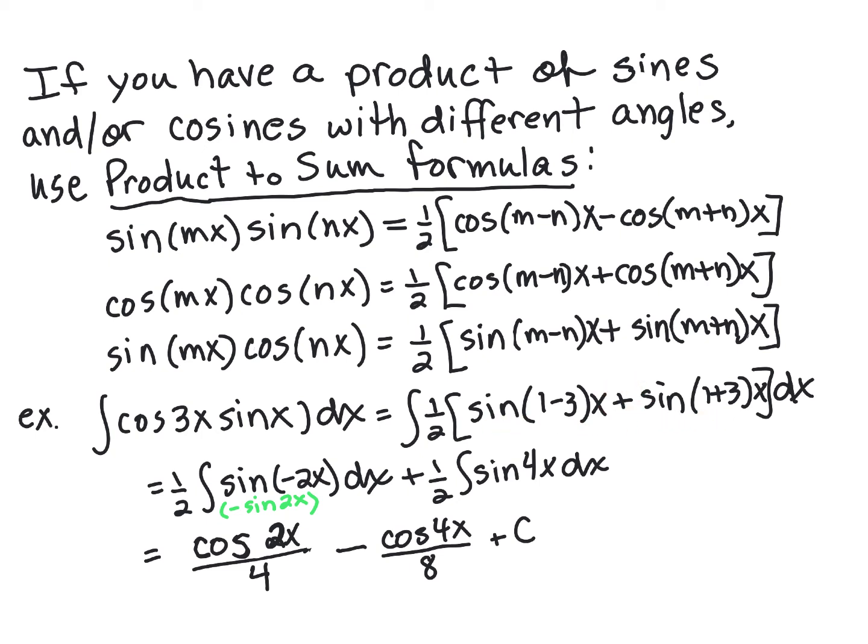The first one is the difference in these angles, and notice I wrote 1 minus 3 because it had m and n up here. So I replaced this product with the sum, 1/2 plus sine of the sum.